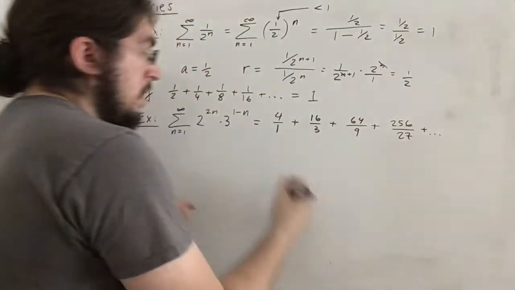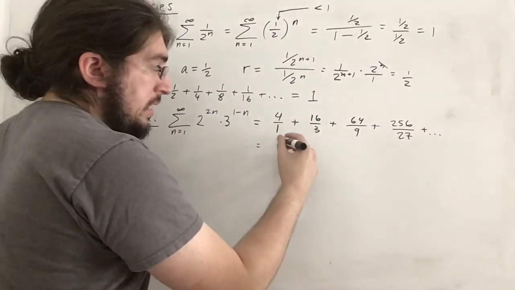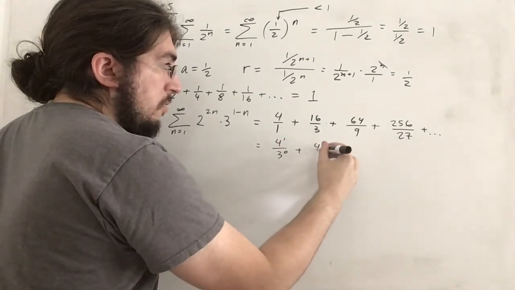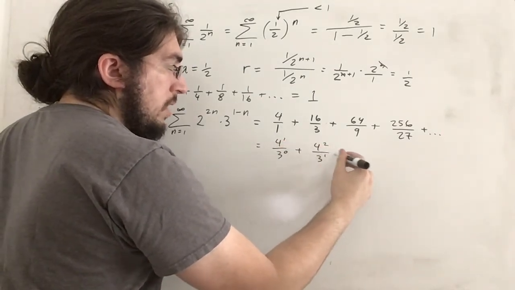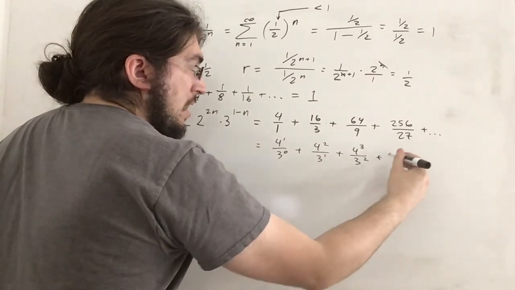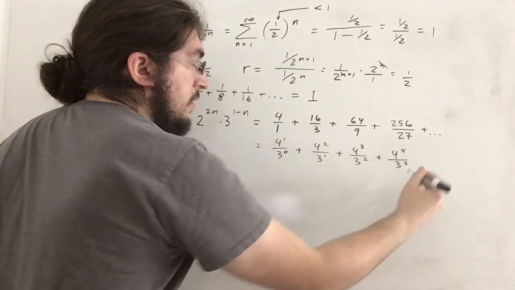And so on. So what you notice is that really this is 4 to the 1 over 3 to the 0, plus 4 to the 2 over 3 to the 1, plus 4 to the 3 over 3 to the 2nd, plus 4 to the 4 over 3 to the 3rd.